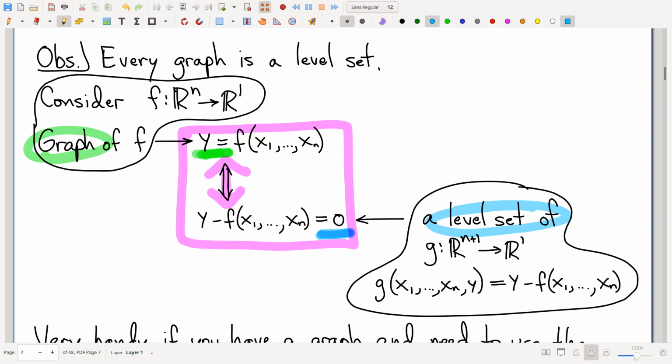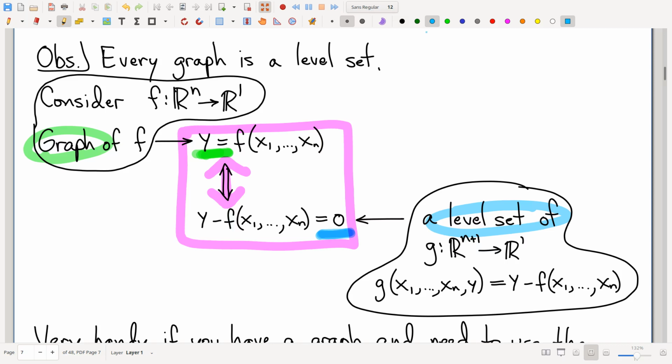That's pretty convenient. If I know the calculus of graphs, but the calculus of graphs doesn't help me answer the question that I need, if I just convert my graph into a level set like so, maybe the calculus of level sets will be useful. This is all you have to do to make that transition.